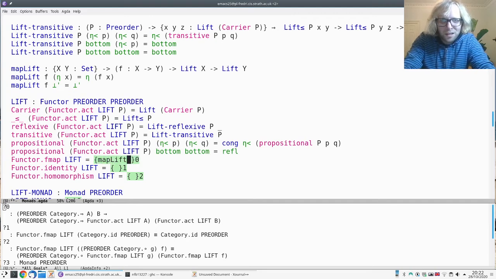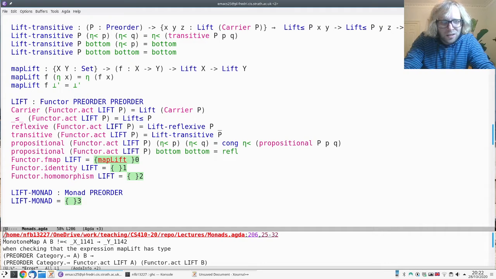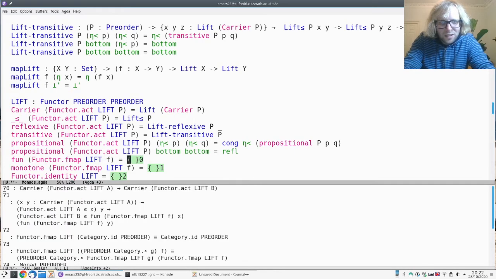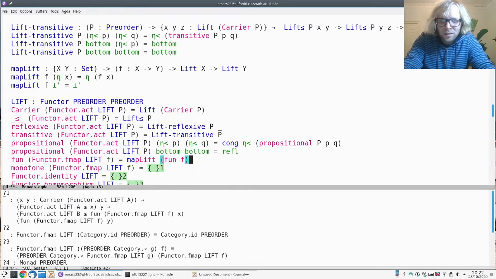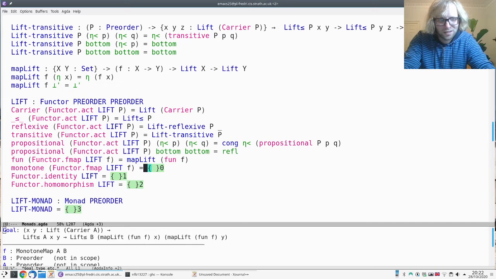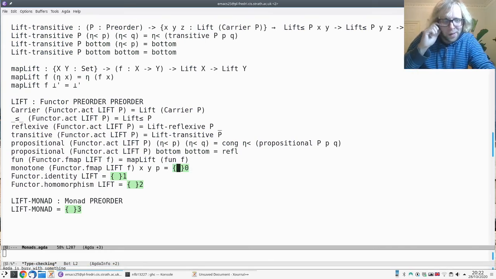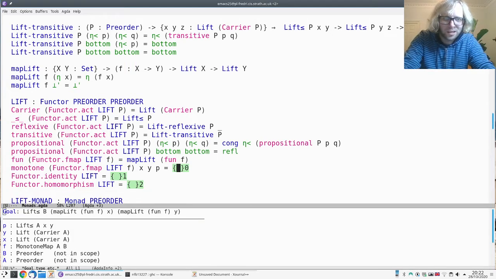Okay, and now we need the F map. That's our map lift. So that's the map part of it. But we also need to show that map lift is monotone, right? So we get given x and y, and the proof that x is smaller than y. And we have to show that the result of map lift of x is smaller than the result of map lift of y.